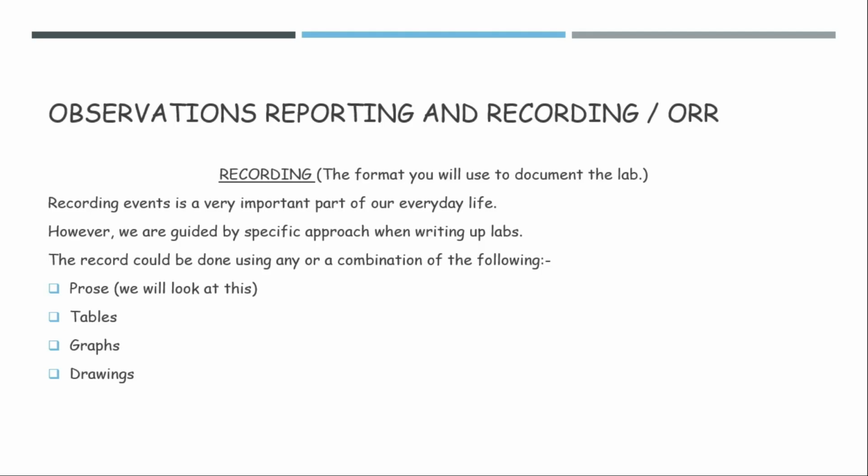Will it be prose? Will it be a table? Will it be a graph? Now we are going to be looking at tables, graphs, and drawings in other lessons to come. We're going to be looking, however, at prose in this lesson.